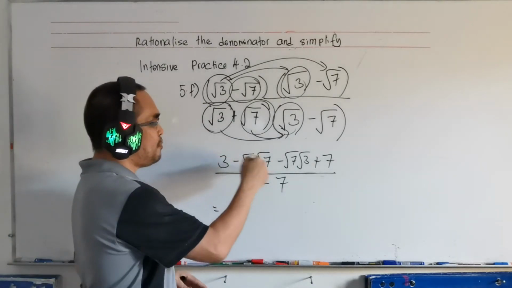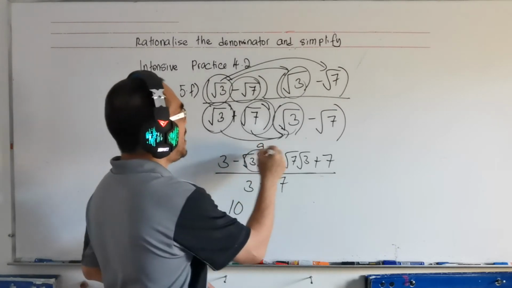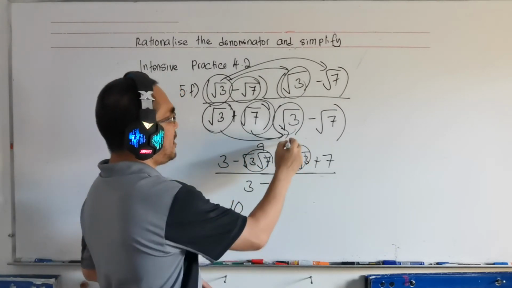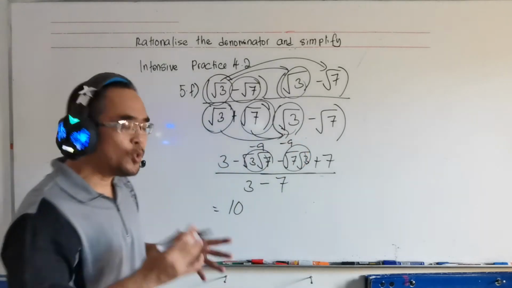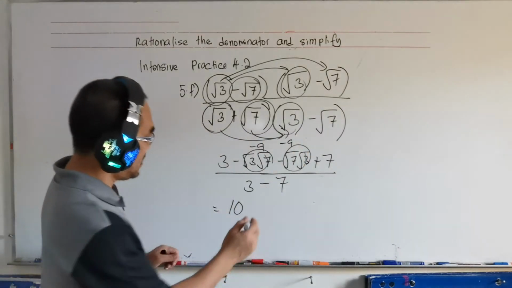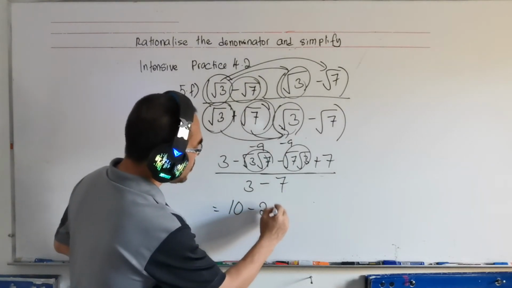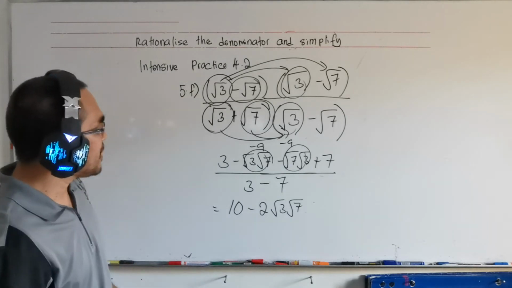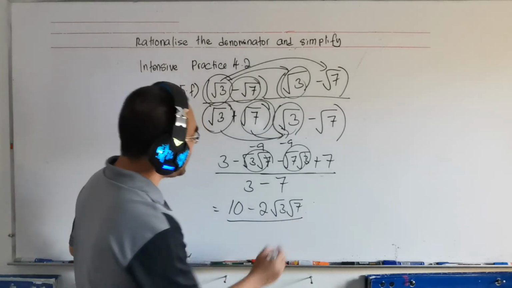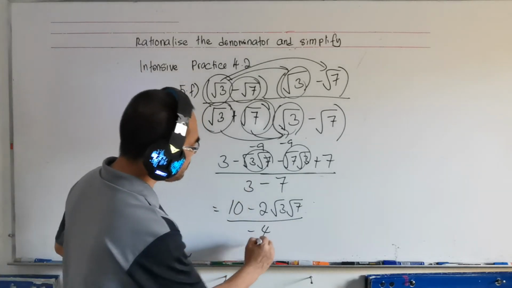We regard the whole thing here as A. So this is just like negative A, so it becomes negative 2A. So negative 2 square root of 3 square root of 7. Okay. And below here we have negative 4.